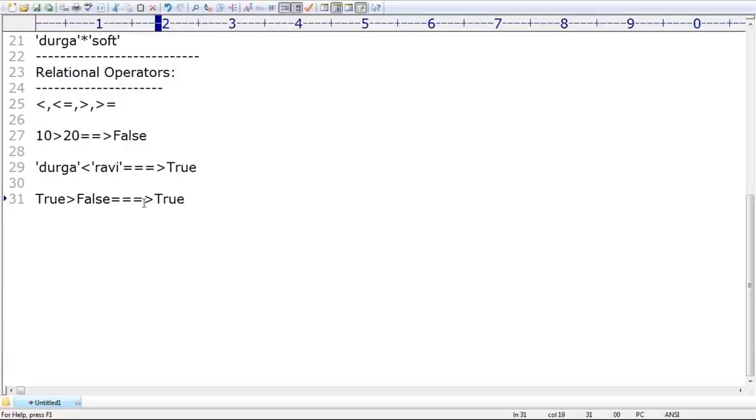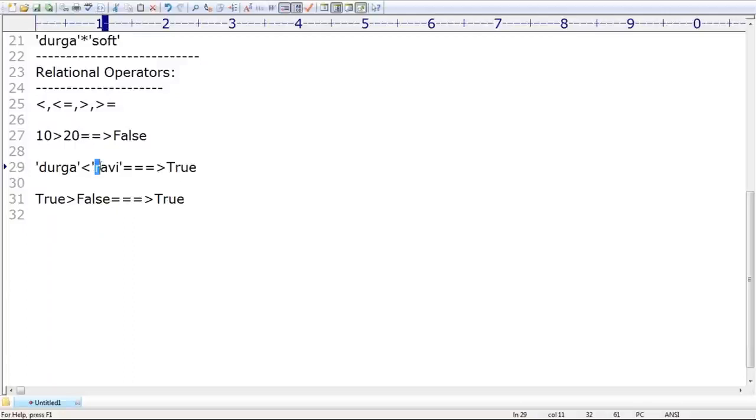Here, some people have a small doubt: how is this comparison going to happen? It does not compare the complete string. It always compares character by character. What is the first character here? D. And here? R. Which one is bigger?